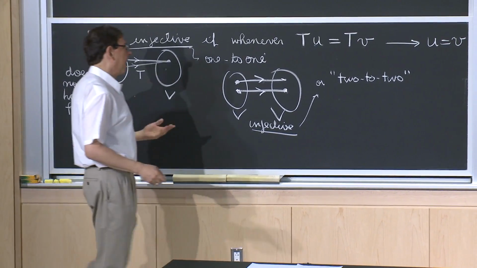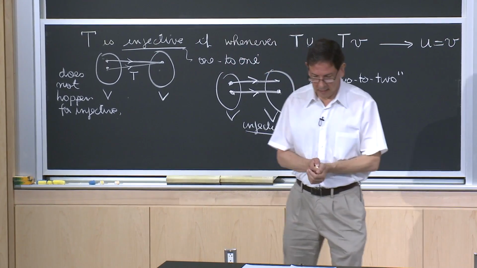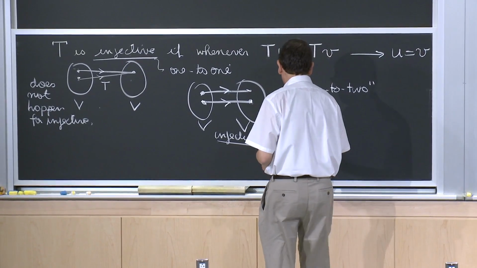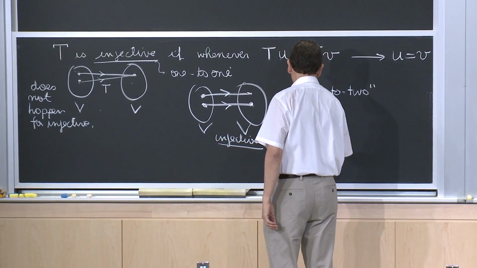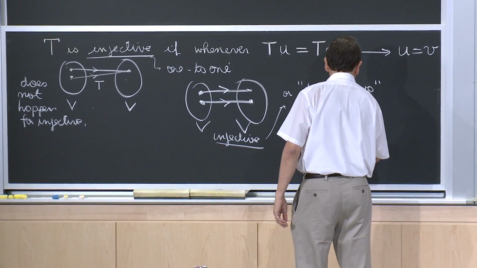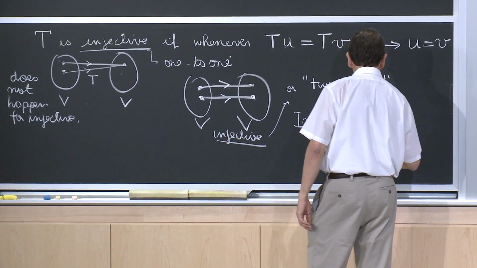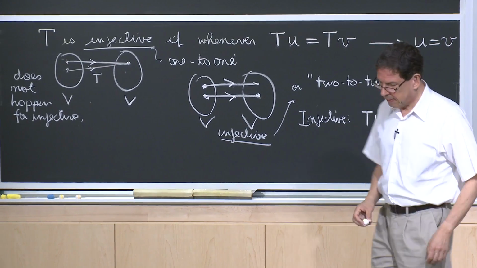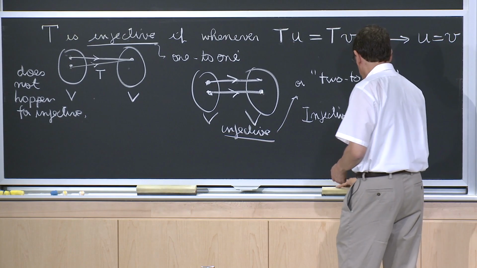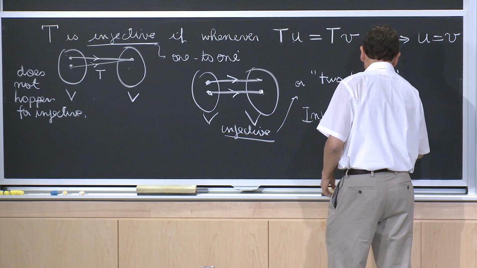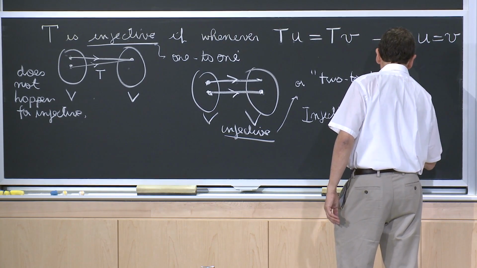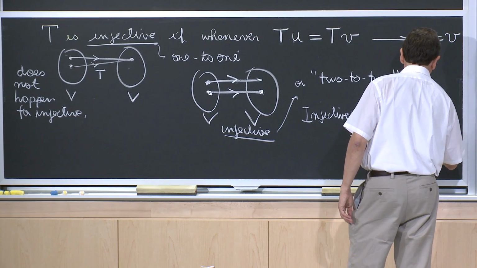So another way to say this as well is that if it's injective, we have that, let me say it this way rather, U different from V implies Tu different from TV.